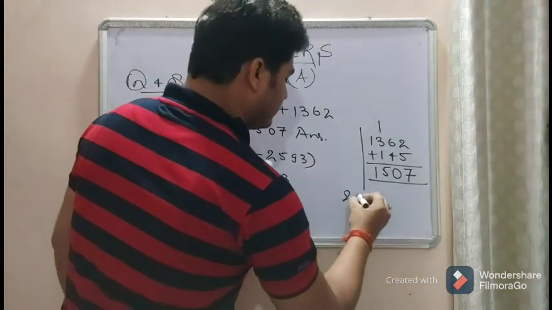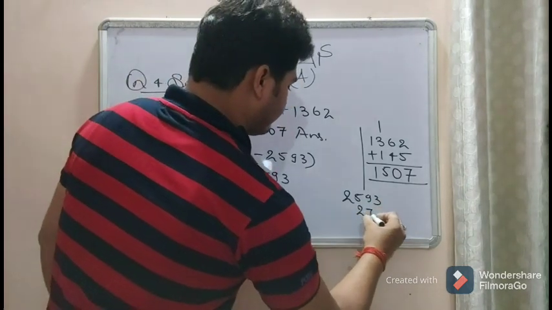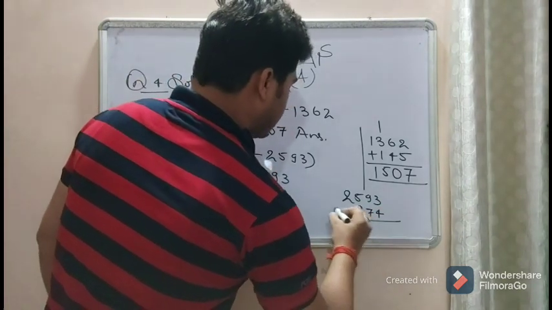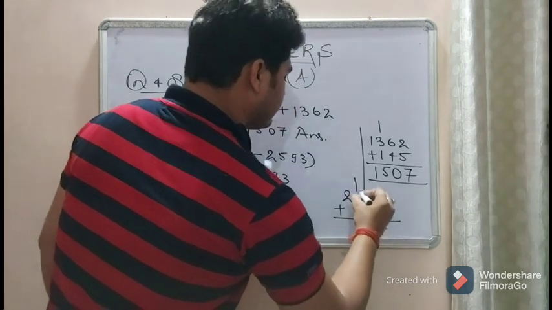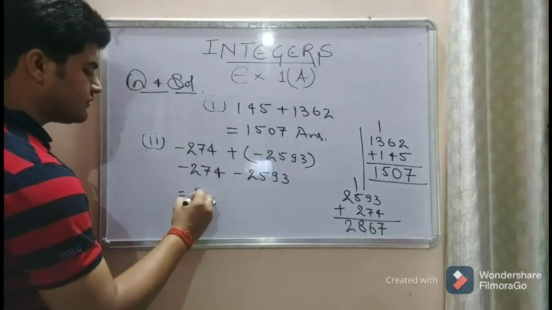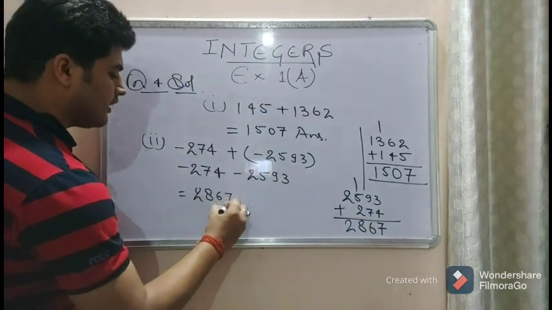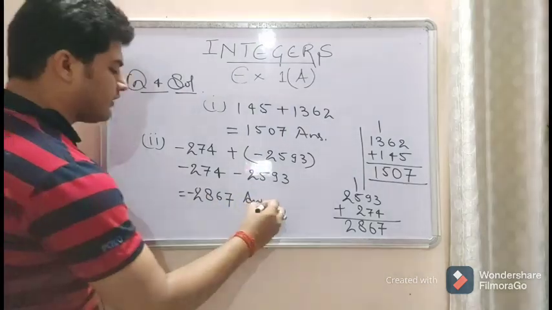So 2593 and 274. On adding them you will get 2867. Both have the negative sign, so the answer will also have the negative sign.